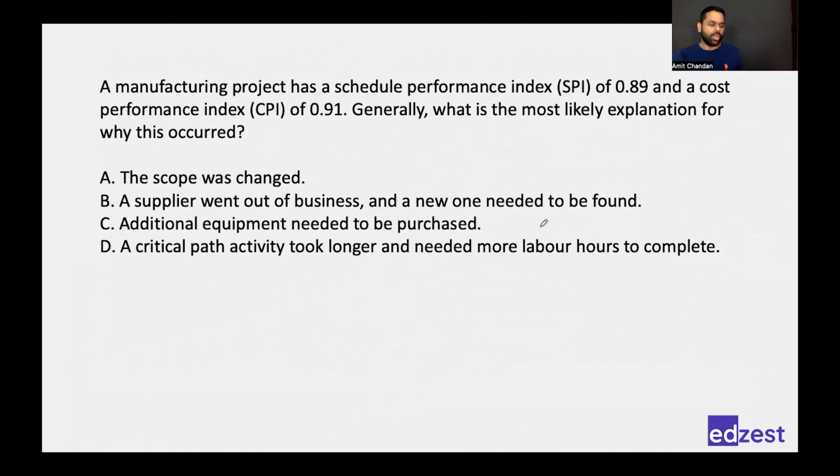Okay. So what kind of questions you can see if not calculation? This is what. Okay. Have a look at this. Put the answer in the chat box and then we'll discuss.